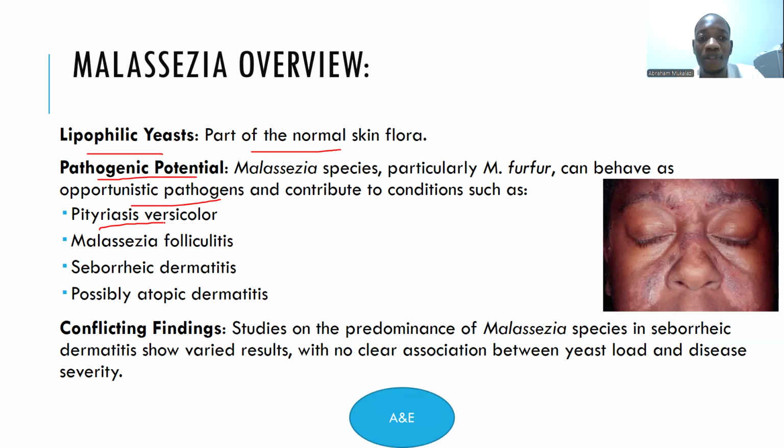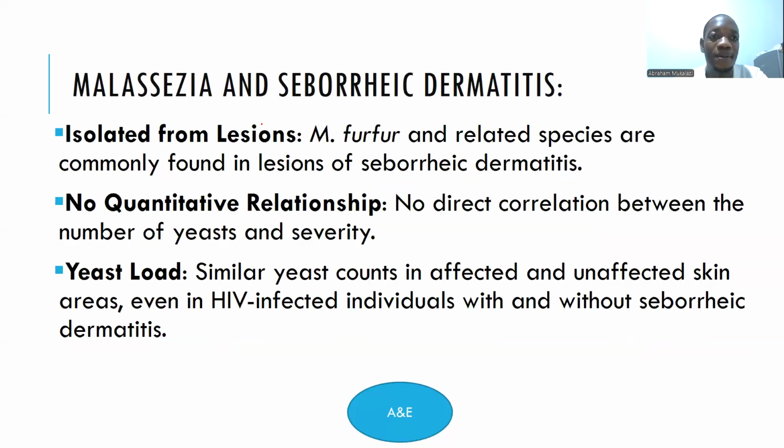And we know that the eczema of the head and neck is linked to Malassezia colonization, and all this usually gives conflicting results. You have conflicting studies on whether Malassezia is also the one underlying seborrheic dermatitis. But maybe later on we shall have a conclusion on that matter.